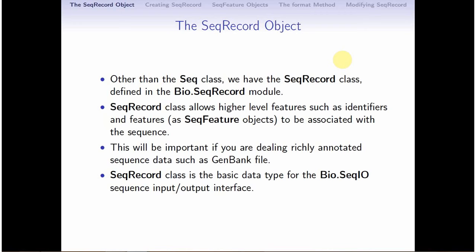So when you deal with a richly annotated GenBank file, you need a higher level class to record the sequence, which is sequence record. The sequence record class is the basic data type for the Bio.SeqIO sequence input output interface, so whenever you parse a file, it will be a sequence record class.